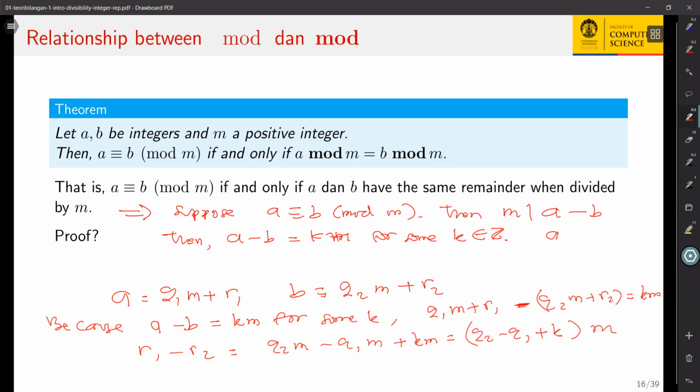So now with this, of course, it means that M divides R1 minus R2, right? Now, but the key part here is that R1 is between 0 and M, so is R2, right?